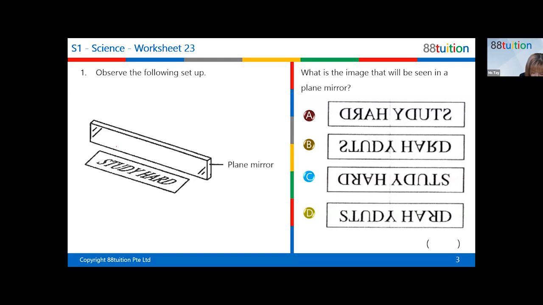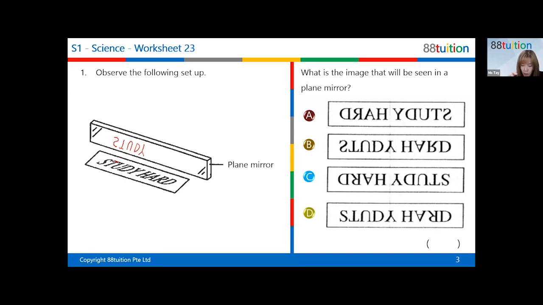And then the T, remember the T is here. So it should be something like that. Then U will look like this. D will be like this. Then the Y will be something like that. Correct or not? So I just need to do one of the words.